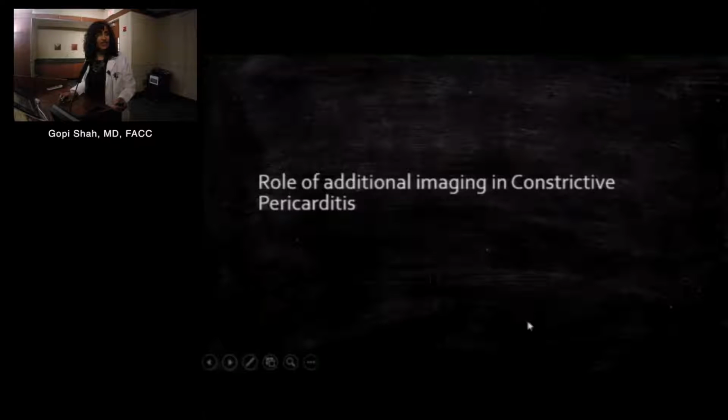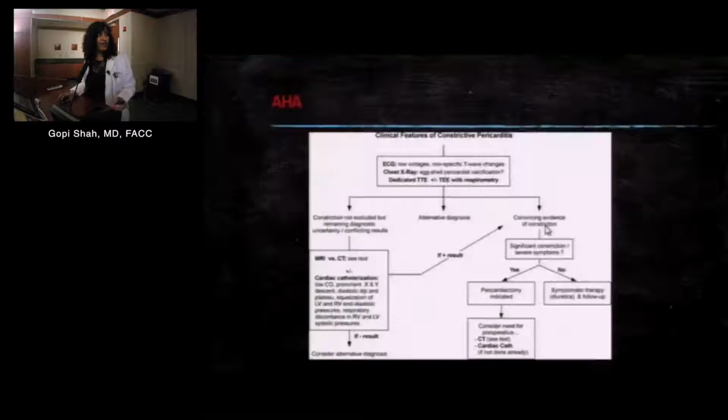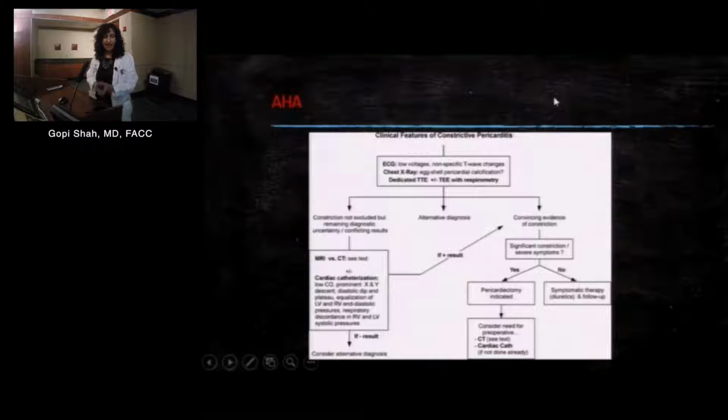What is the role of additional imaging in constrictive pericarditis? Obviously, I think we all agree that even if it is a very convincing diagnosis, you are still going to do additional imaging if you're going to plan surgery. CT is going to be done to define the exact anatomy of the pericardial sac and the calcifications, to help the surgeons deal with the surgery.